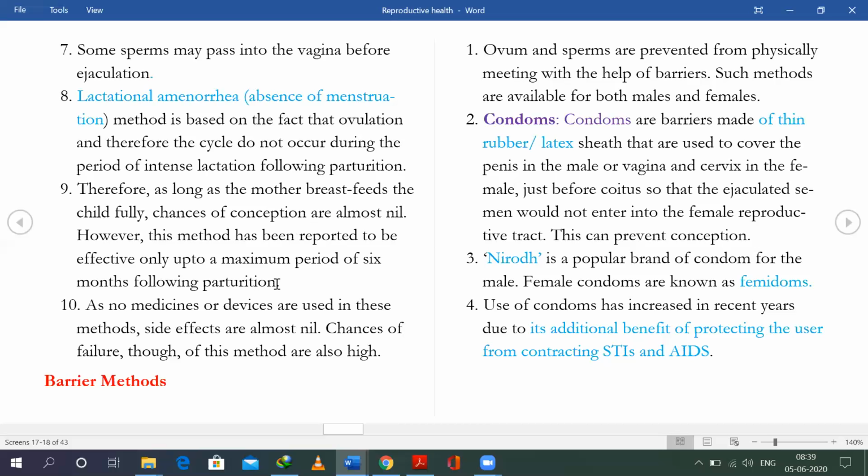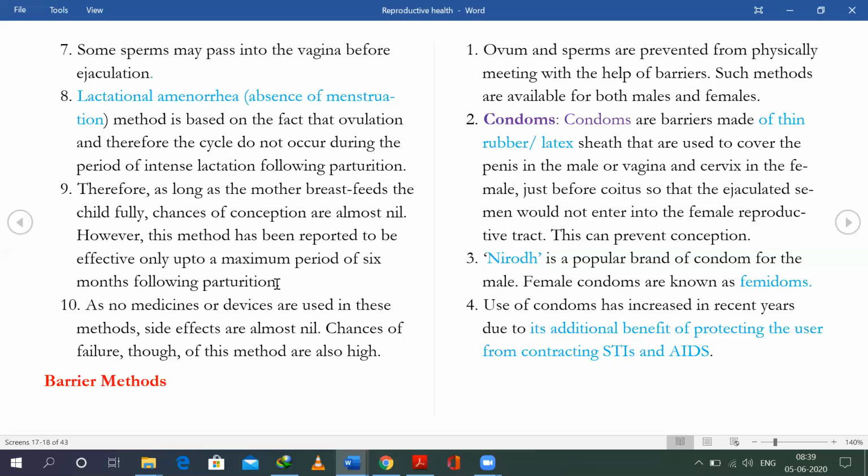If the mother decides to breastfeed the child fully, then only this lactational amenorrhea method will give better results, right? If she is not regularly feeding the child, the prolactin might not be regularly released.